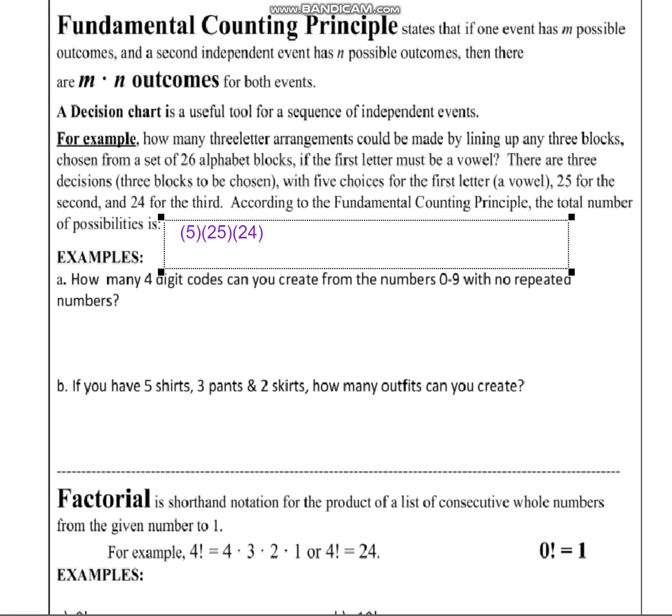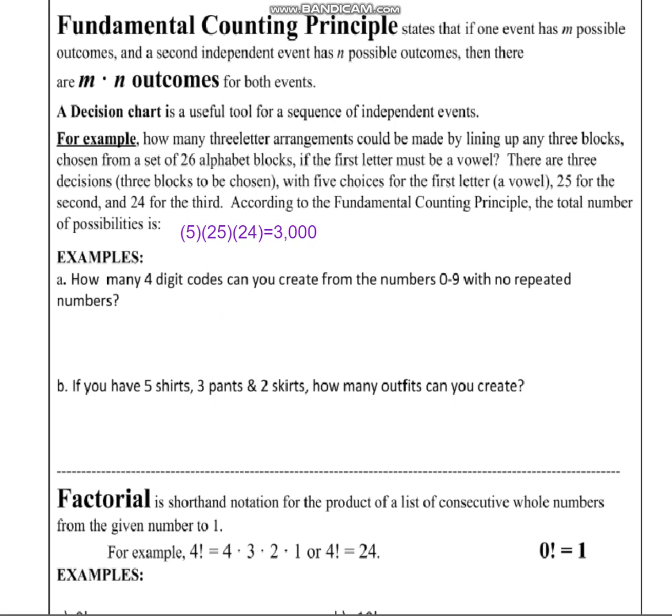We got 5 because there are 5 vowels in the alphabet, right? Since there were 26 alphabet blocks, as soon as we pulled from the vowels, we're only left with 25 letters, and after we pull another letter, we're only left with 24 letters. So we have to do 5 times 25 times 24, and you should see on your paper it's 3,000.